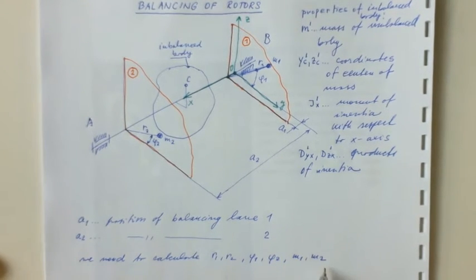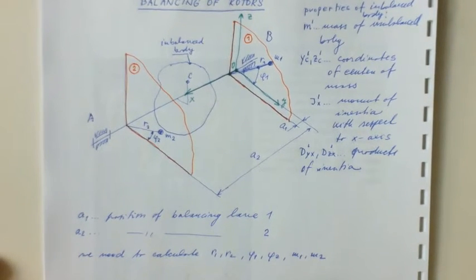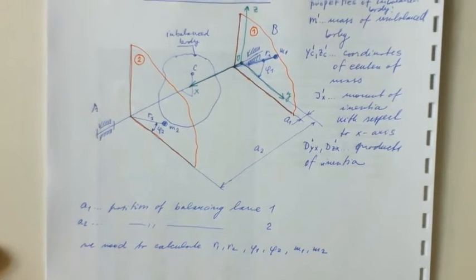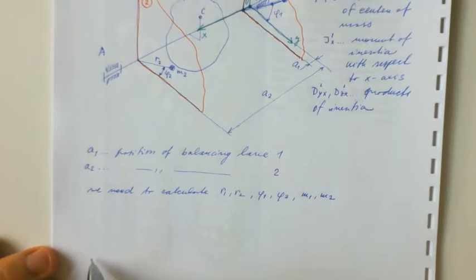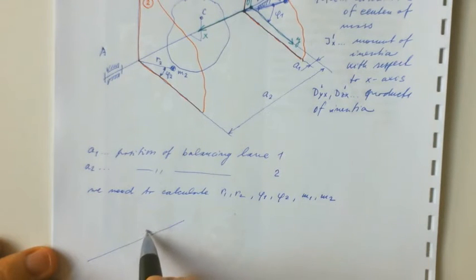If we know this, we can say that we have a balanced body, and I can make a new image only for illustration.